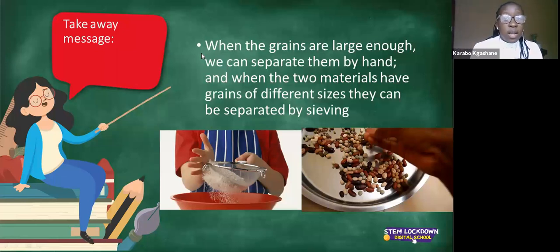And when grains have two materials of different sizes, they can be separated by sieving. Smaller particles such as sand and salt would be easier to separate by sieving. Particles such as beans and jelly beans, we would need to separate by hand.